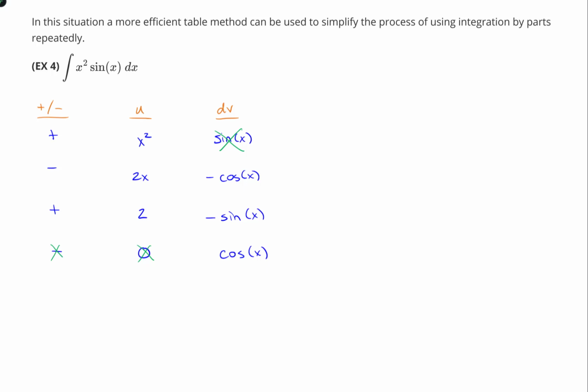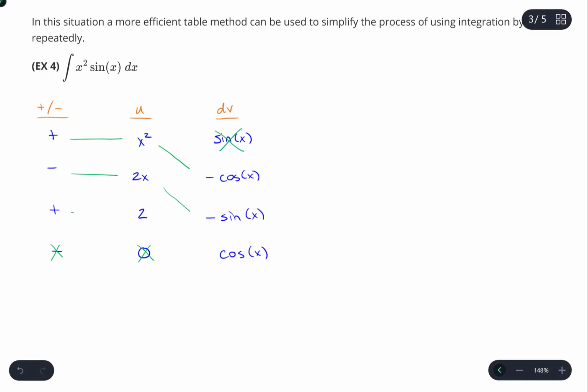All right, but what is going to be used is this. The product of these two items along with this one diagonal. And then the product of these two items along with this one diagonal, and these two items with this one diagonal.